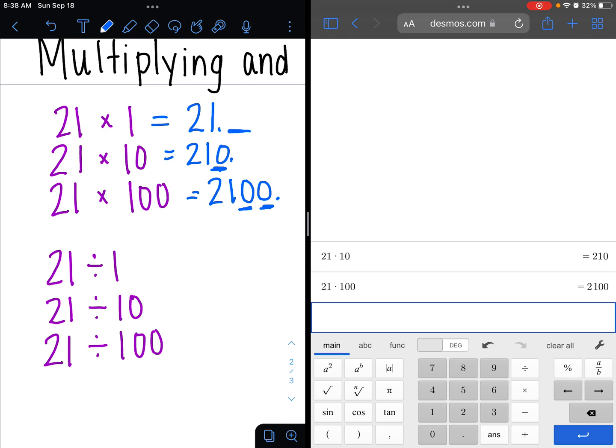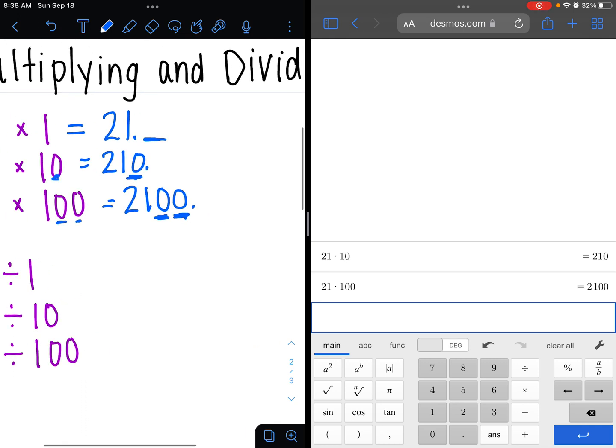When we multiplied by 100, we added 2 zeros for the 2 zeros in 100. So our decimal is moving this way when we're multiplying.